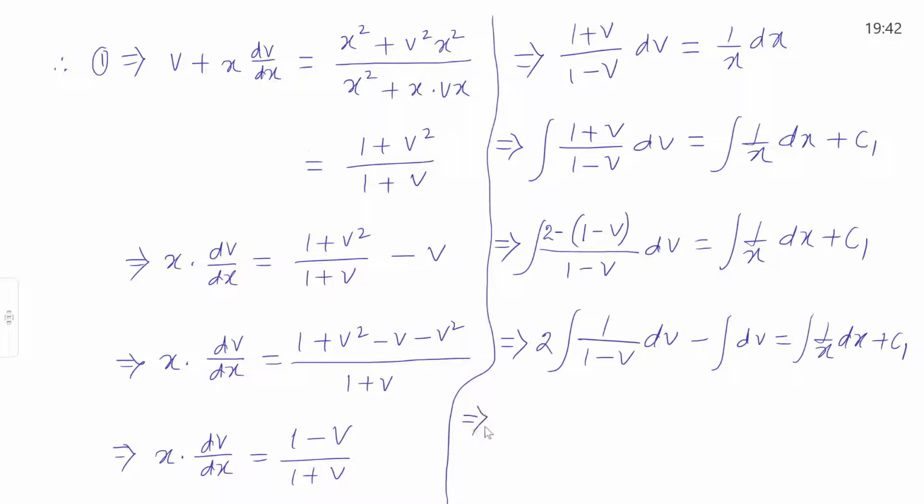Here the differentiation of the denominator with respect to v is minus 1, so we directly write minus 2 times log mod of (1 minus v), minus integration of dv, which is simply v, equal to integration of 1 by x, which is simply log x, plus c1.